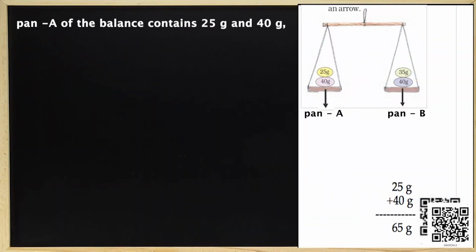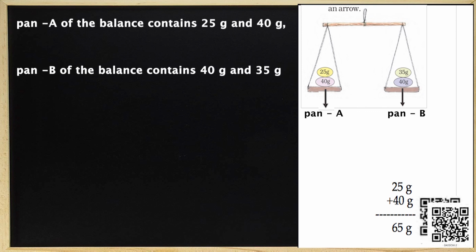Dear students, now observe a picture in which pan A of the balance contains 25 gram and 40 gram. Another pan B of the balance contains 40 gram and 35 gram. Guess which pan will go down and why? Let us find out. We know that the pan which contains more weight will go down.